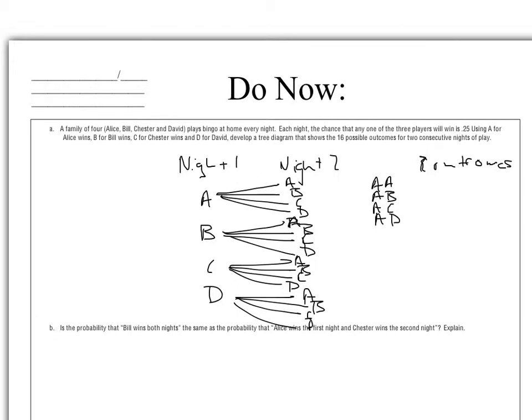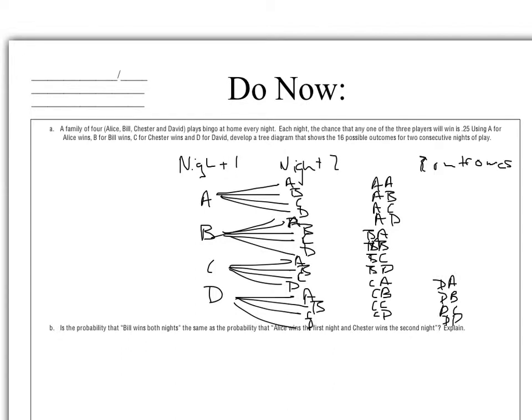Coming from our B branch, that's BA, BB, BC, and BD. Then CA, CB, CD, and coming from the last one over here is DA, DB, and DC, and DD. So we have our 16 total outcomes.